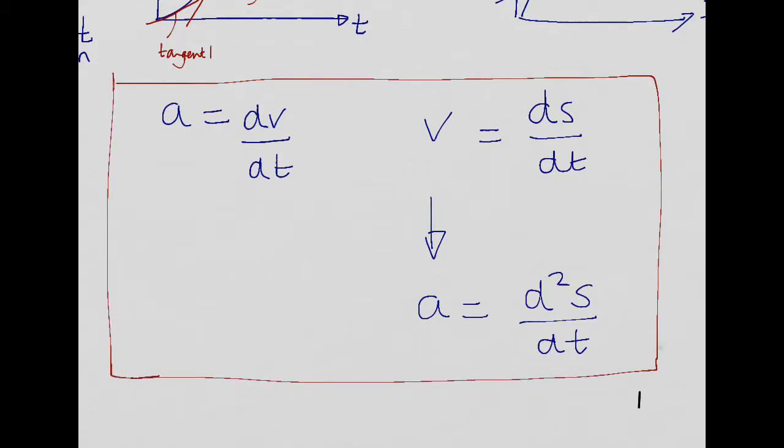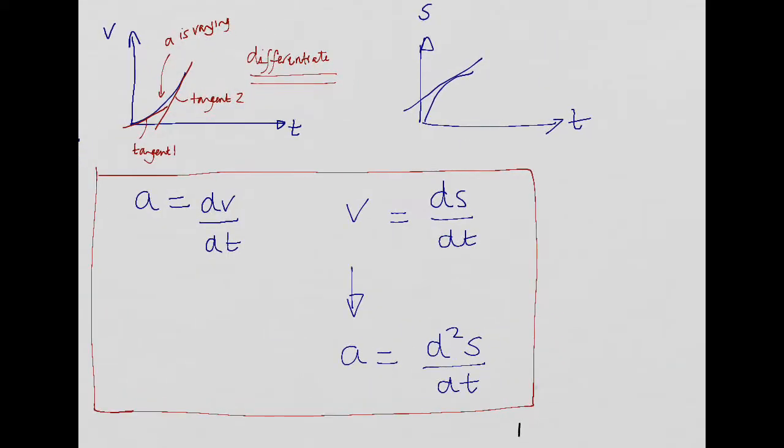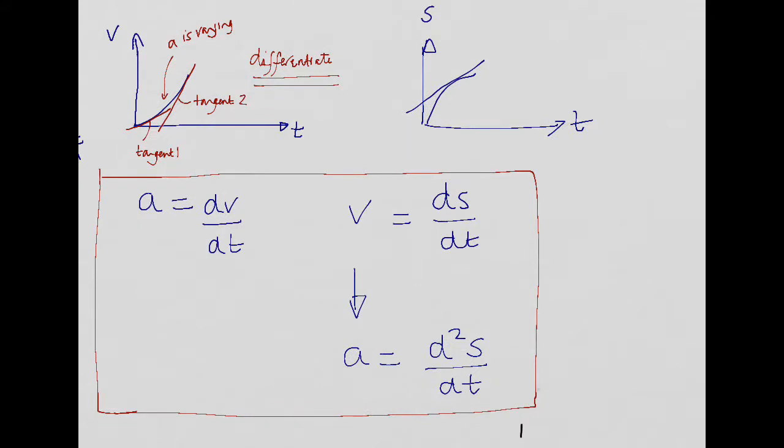So if I was going to start my notes now, the first thing I'm going to write is my title, variable acceleration. And I'm also going to write down these, because it is really important to understand how the graphs, which are above, and these equations all link, and to fully understand about gradients and linking it to the graphs, and also understanding what you differentiate to find velocity or acceleration.